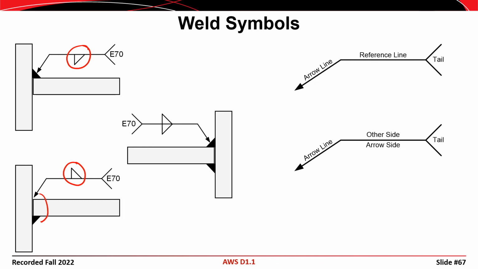So that means place the fillet weld down here instead of on the top. And then finally over here you can see there are 2 fillet weld symbols, one on the top and one on the bottom of the reference line. So that means place a fillet weld on both sides of the workpiece, both on the top and on the bottom. And then in each of those 3 cases, you can see that we're specifying an E70 electrode, which means that the electrode has a tensile strength of 70 KSI.